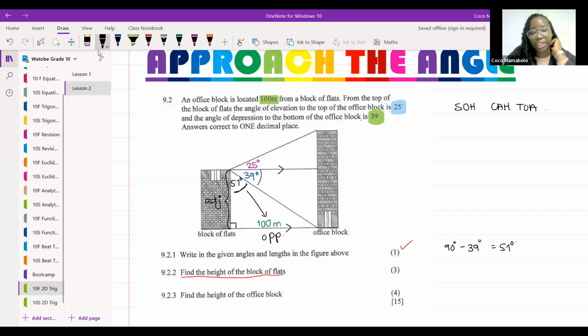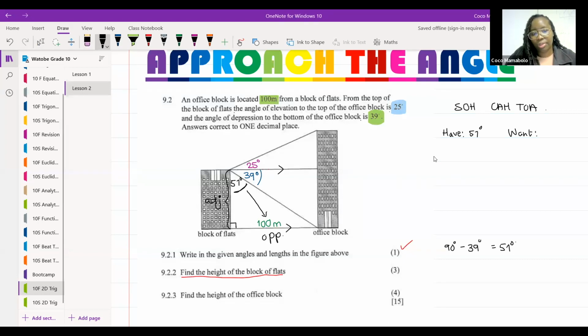So you need to give me an equation. We've labeled. Now you need to tell me what we have and what we want. We have 51 degrees, and we have 100 meters, which is the opposite side.